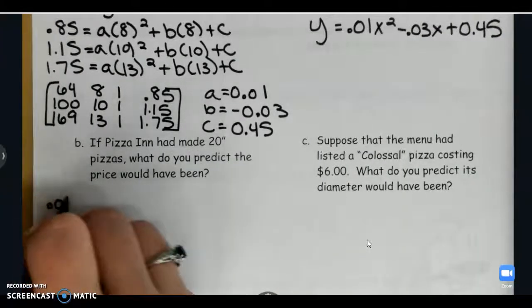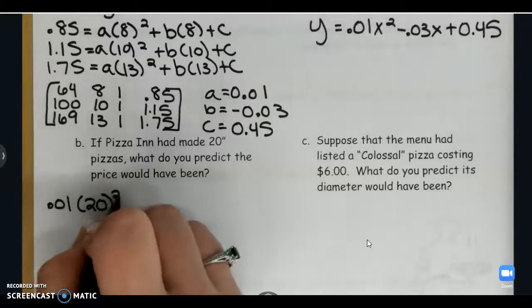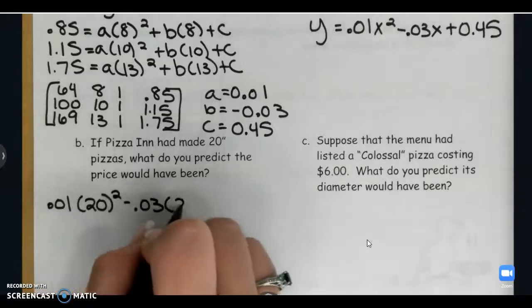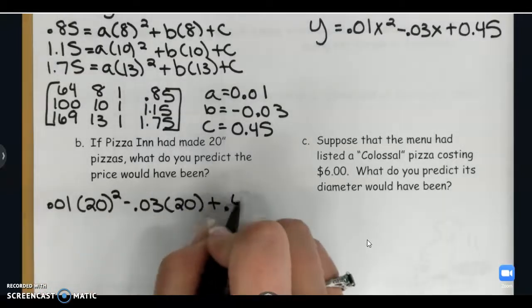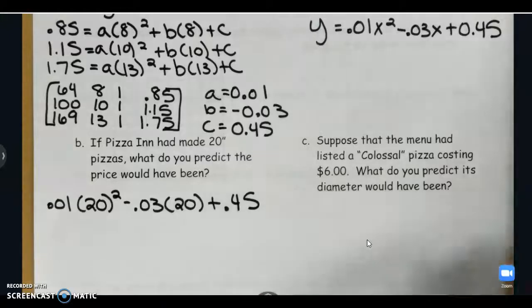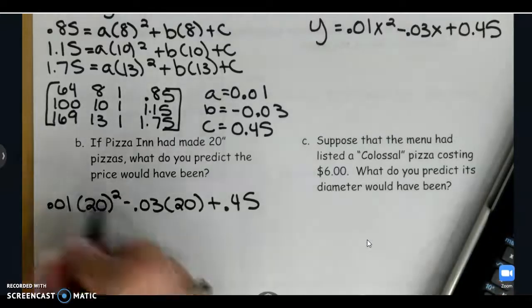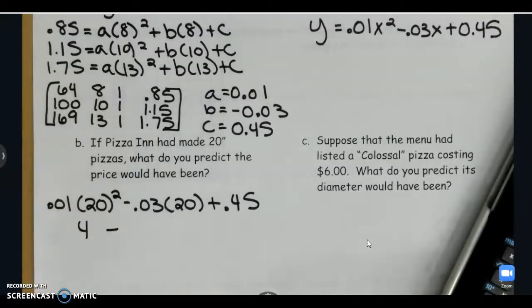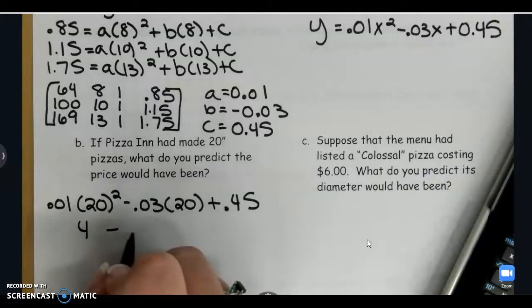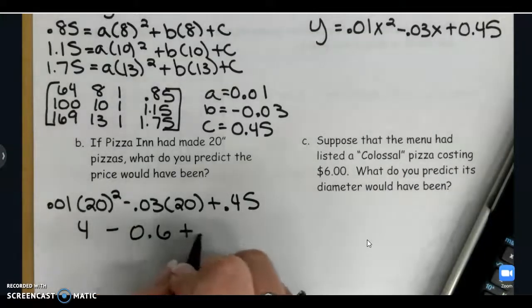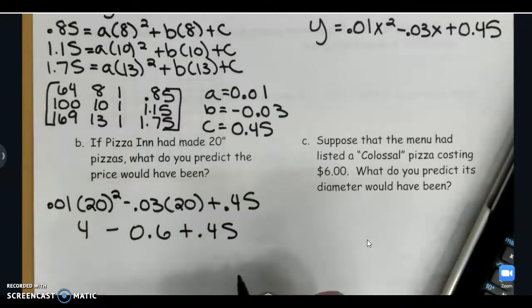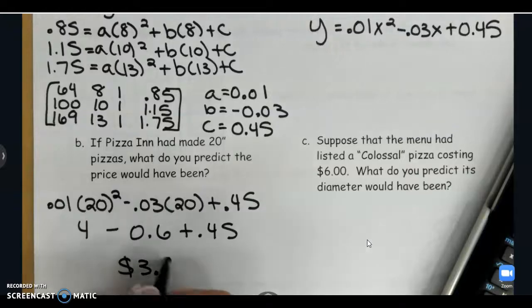That would be 0.01 times 20 squared minus 0.03 times 20 plus 0.45. So that's going to be 4 minus 0.6 plus 0.45, and that's going to give us a grand total of $3.85.